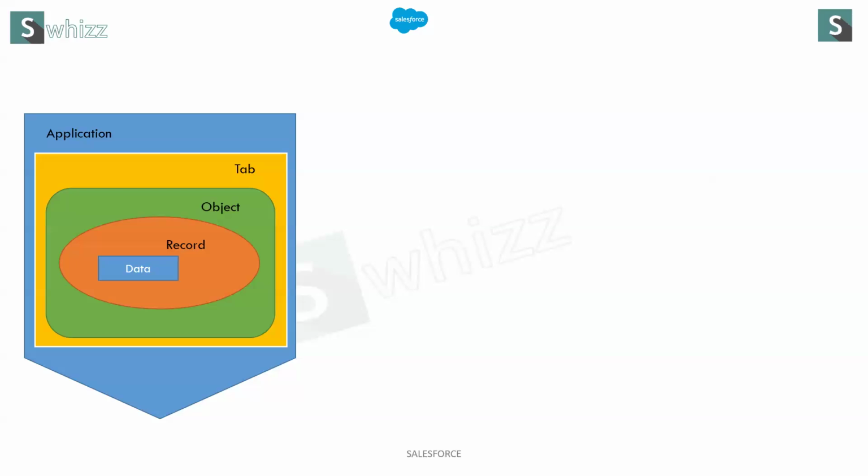I will explain what an object is. Object is nothing but a tab. So an application means it's a group of tabs which will give access for the object to store the records. Simple, right?